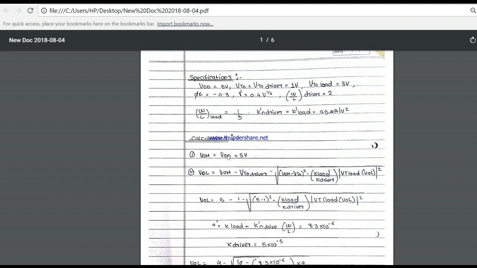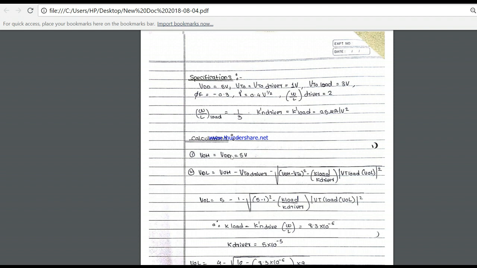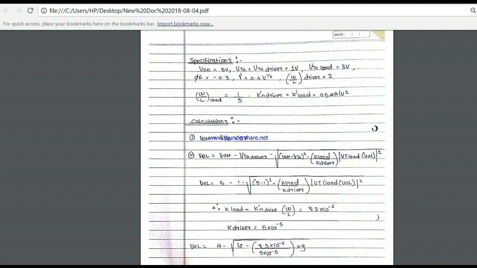That is VOH, which is when input is low, output is high, that is equal to VDD, so it is 5 volt. VOL is VOH minus VT0 of driver minus the square root of (VOH minus VT0) squared minus K load by K driver times the mod of VT load times VOL squared. Putting the values in this equation, we'll get VOL.